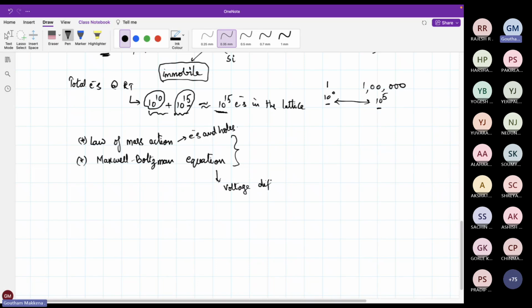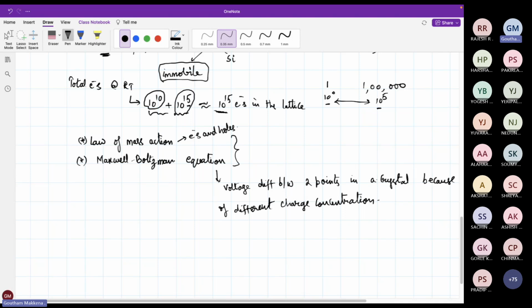And the Maxwell-Boltzmann equation relates the voltage difference between two points in a crystal because of different charge concentrations. Again, too much physics would be coming into this at this point.